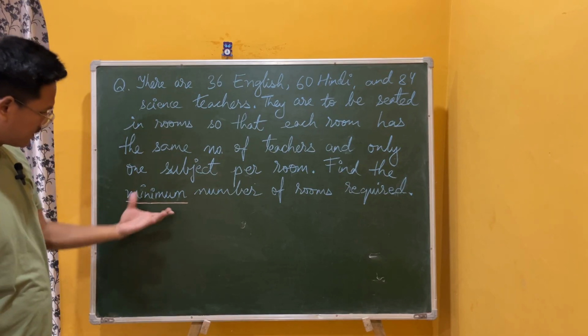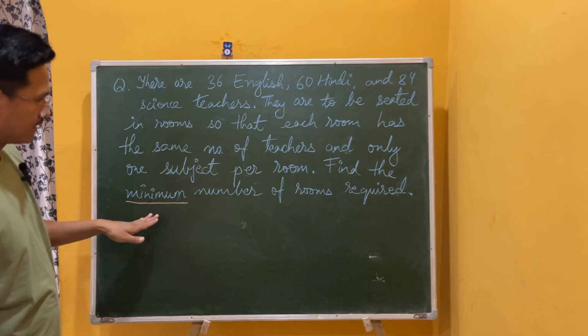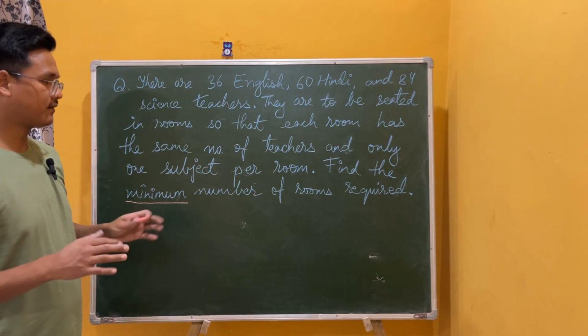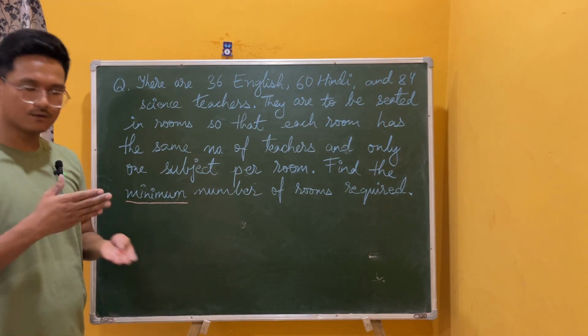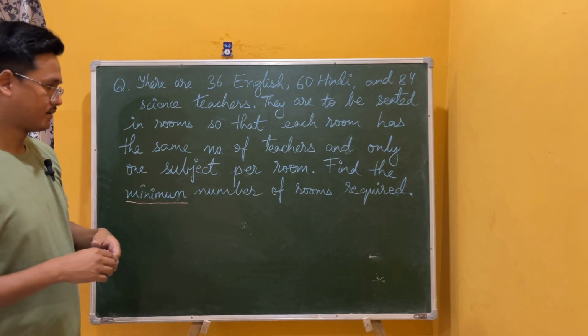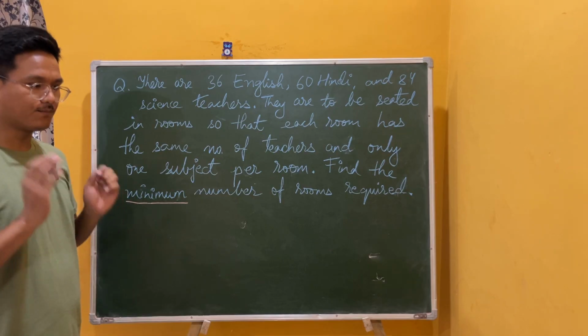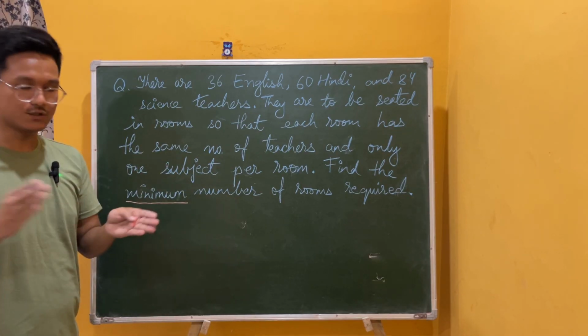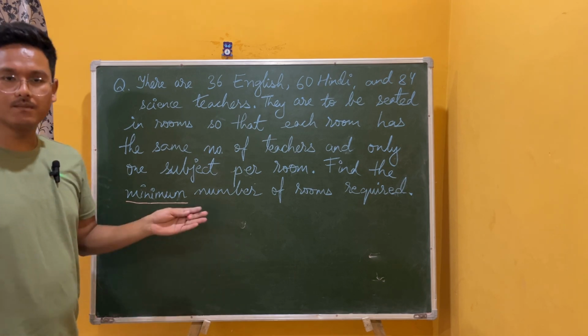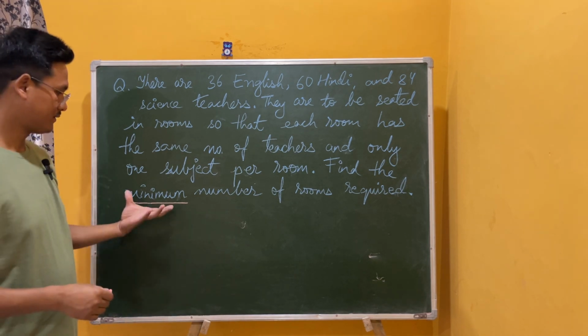So why the minimum here is that when you divide the group of teachers into equal subgroups in such a way that you put in the maximum number of teachers in each room, then the minimum number of rooms will be required, right?